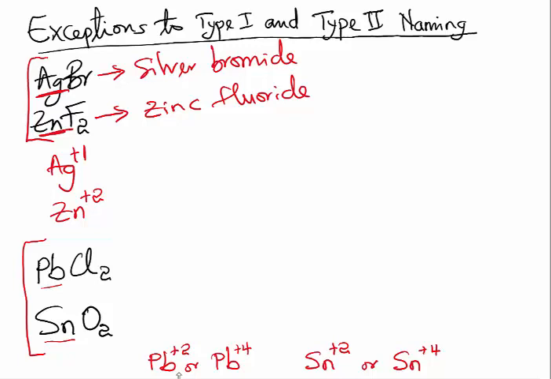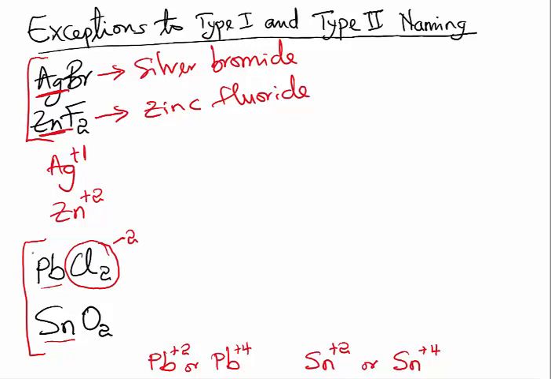Let us take a look at the first compound here, PbCl2. We have two chlorine atoms, and chlorine has a charge of -1 in the periodic table because it is from group 7A, which means that the two atoms of chlorine will have a total of -2.